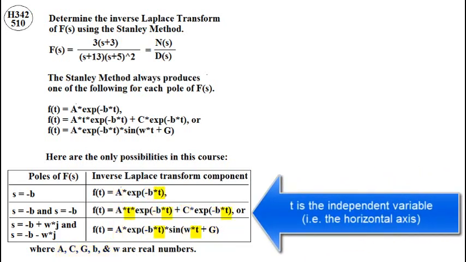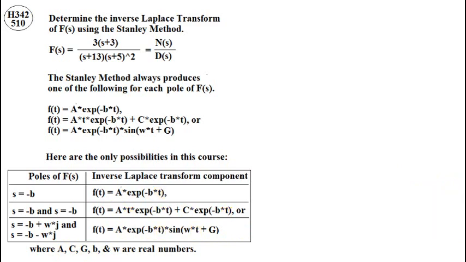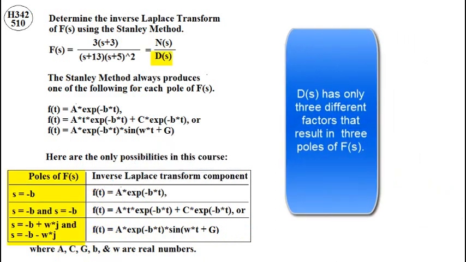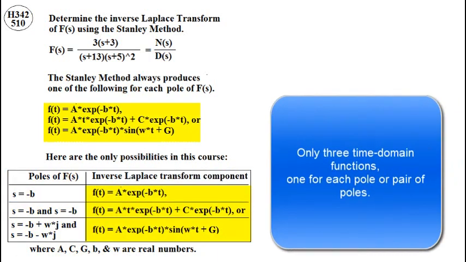T is the independent variable, in other words, the horizontal axis of the graph. F is the dependent variable, in other words, the vertical axis of a graph. To summarize, the denominator has only three different factors that result in three different poles. Only three time domain functions can occur, one for each pole or pair of poles.